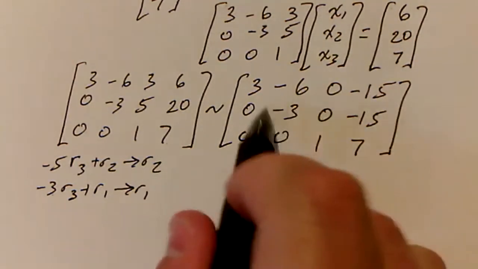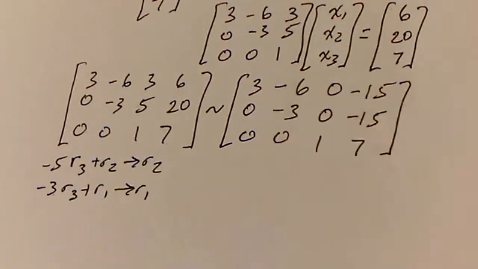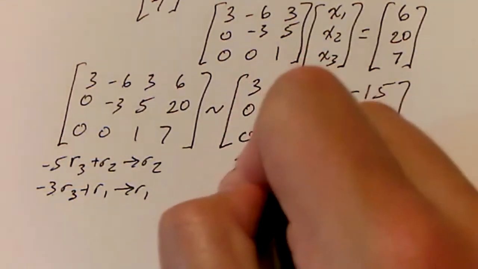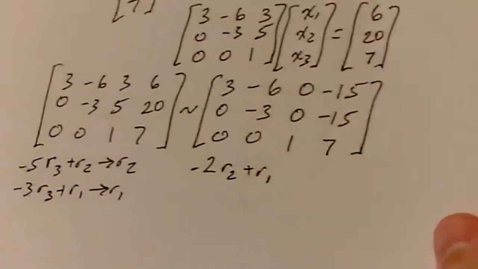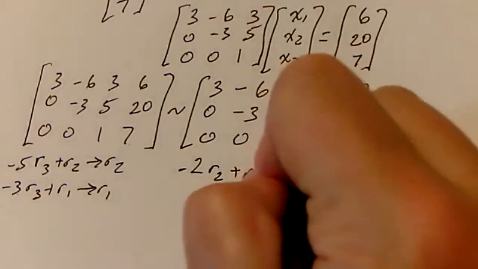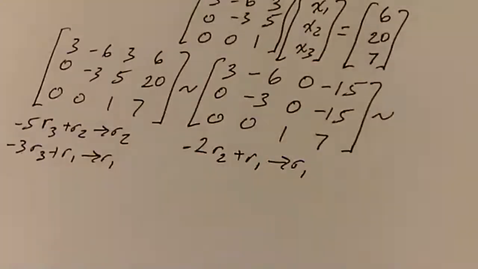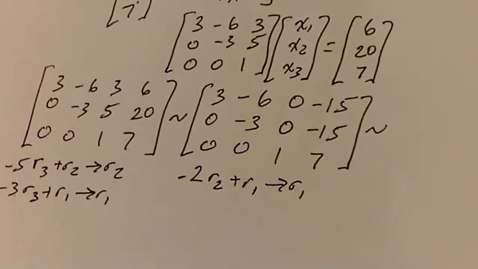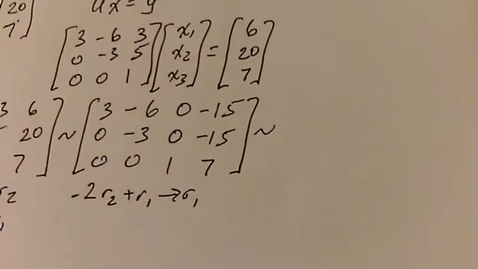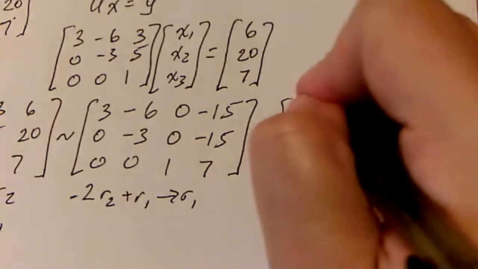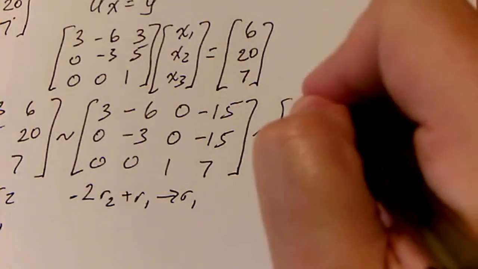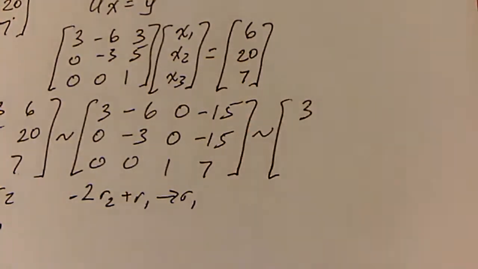Okay, one more here. I've got a pivot here. I need to get a 0 above it. So 2 copies of row 2. Add that to row 1, I need negative 2 copies because they're the same sign right now. Add that to row 1 and replace row 1. Okay, again, shifting over so we get the whole thing in the picture here. Okay, the new row 1: 0 and 3 is 3.